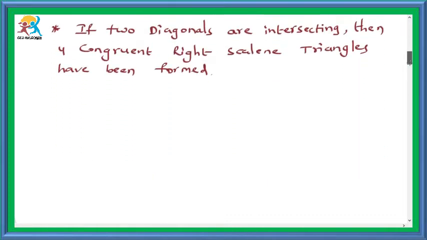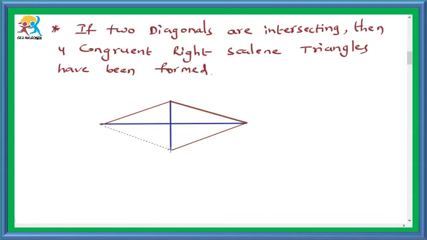Let us discuss the triangles formed by the intersection of two diagonals. This is one diagonal, this is another diagonal. We have to join the vertices of the diagonals, that means endpoints. We will name it A, B, C, D.